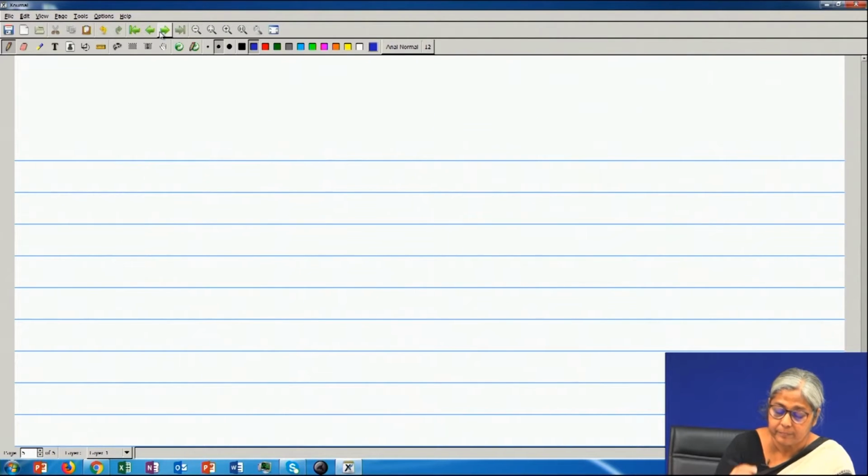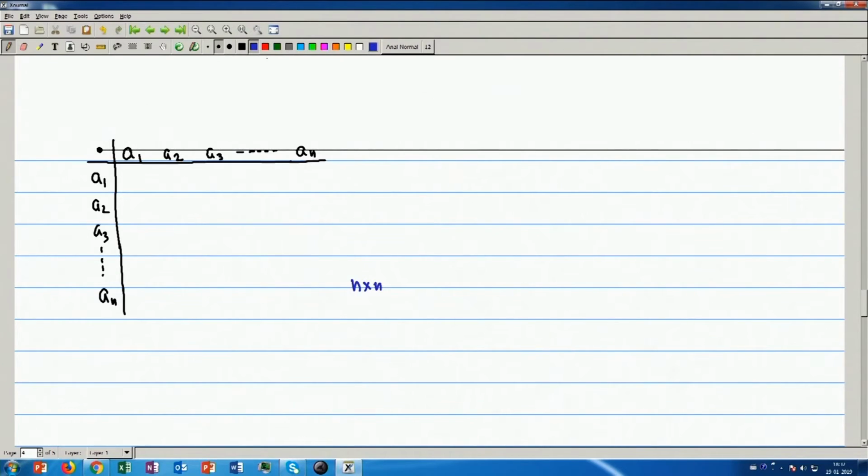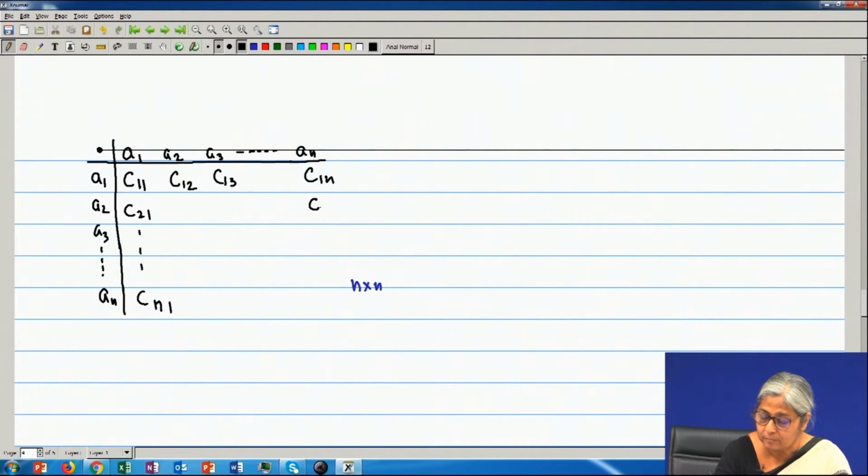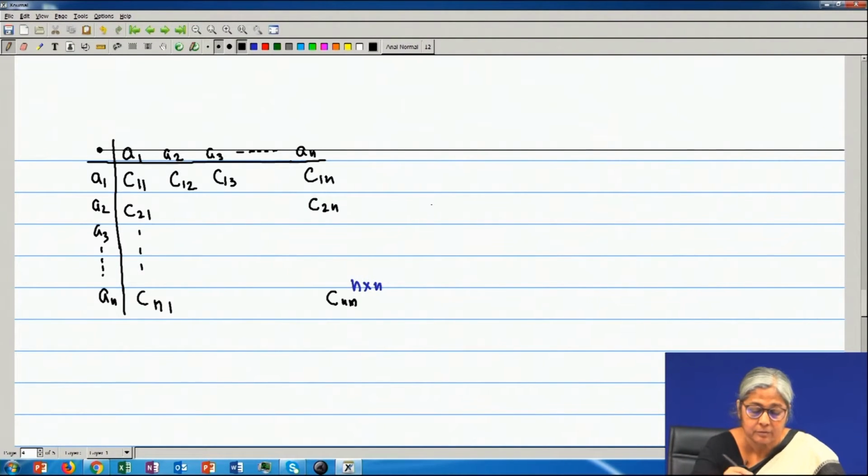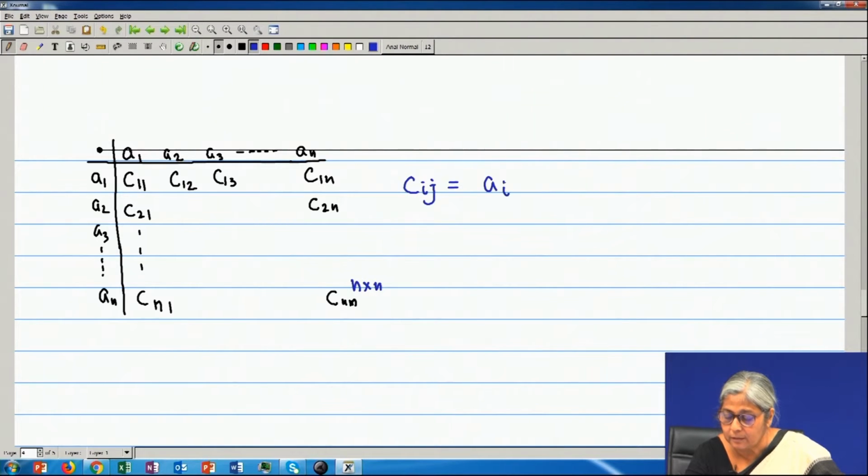If we represent the elements after the operation, A1 dot A1, as C11, C12, C13, C1n, similarly C21, and so on, then I can write that Cij is Ai dot Aj.